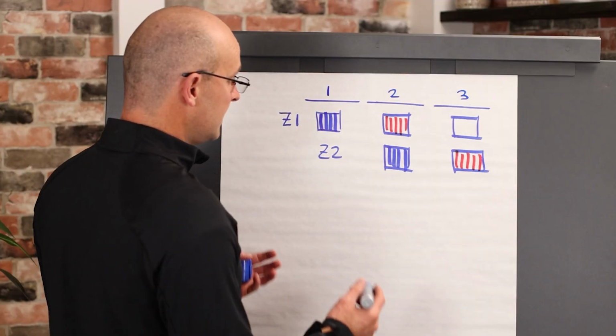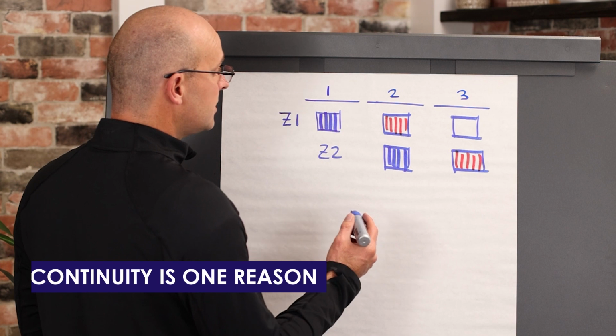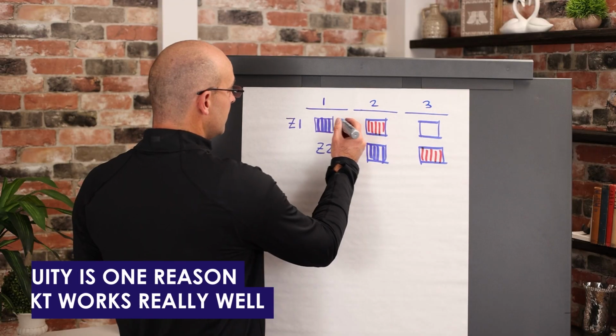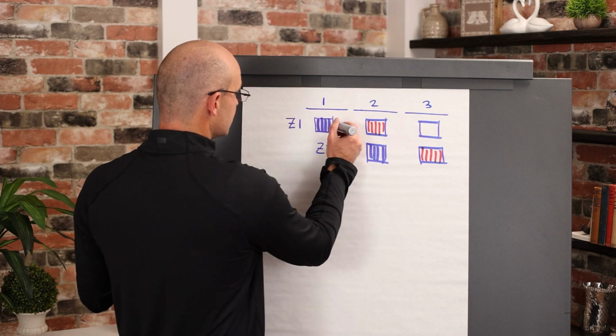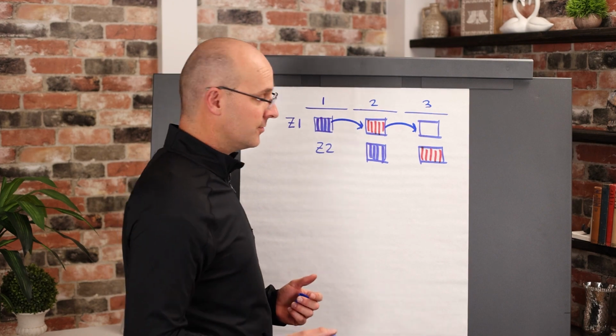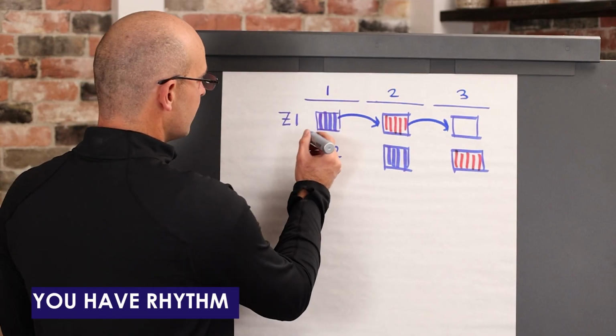Now, there's some really key concepts here. So continuity is one reason why takt works really, really well, meaning that you have flow within that zone from activity to activity to activity. So you have continuity, okay? The other thing is you have rhythm.